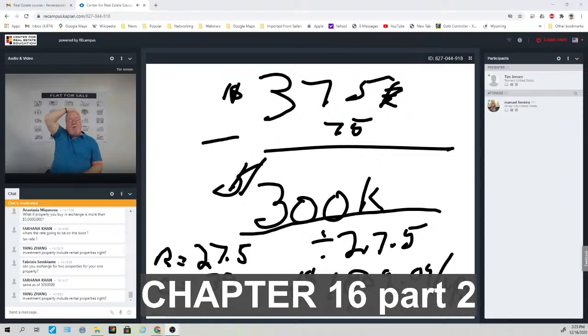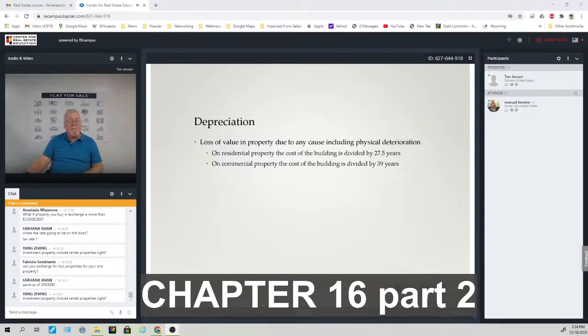So I can depreciate my investment property for tax accounting purposes only over its economic life: for a residential investment property, 27.5 years; for a commercial investment property, 39 years. And then subtract that deduction from my income and pay less taxes. That's the benefit of depreciation.